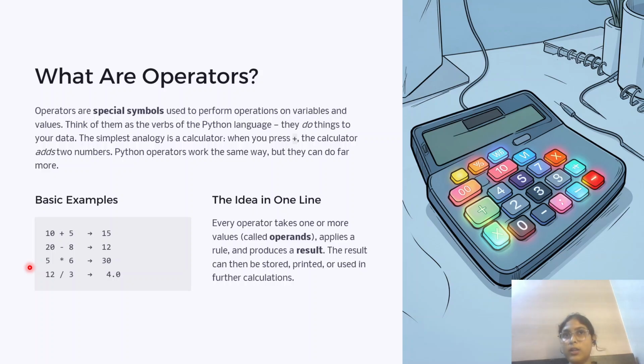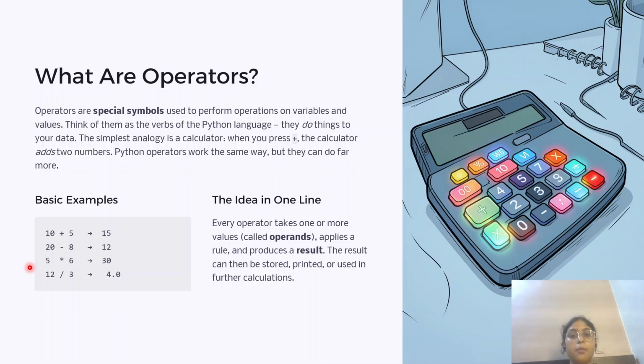First you add the marks of all subjects, then you divide that total by the number of subjects to get the average. Now, a salary calculator. You have a basic salary, then a bonus if it has been added, then tax. Everything uses operators, and according to that you will calculate your salary. So operators are literally everywhere.